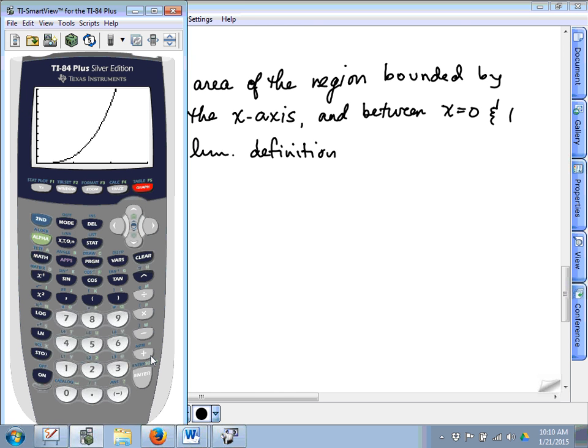Now I'm trying to find the area between what two x values? 0 and 1. Okay? So hit the second button and trace.